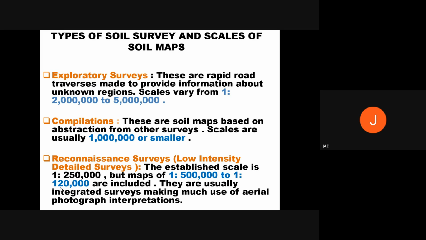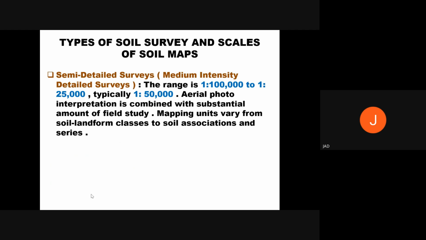Exploratory is rapid. Reconnaissance we describe as low intensity detail survey. Then we have semi-detailed survey, medium intensity. It's all based on the type of scale that you are using.